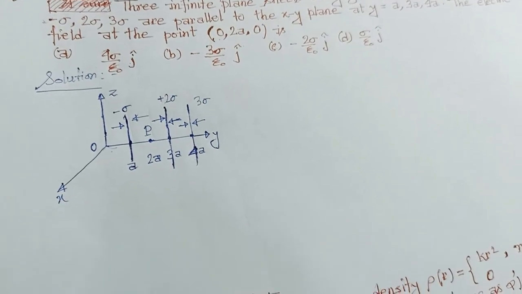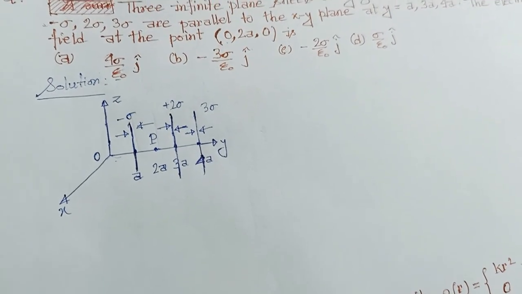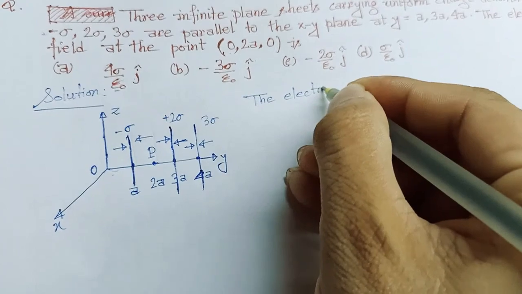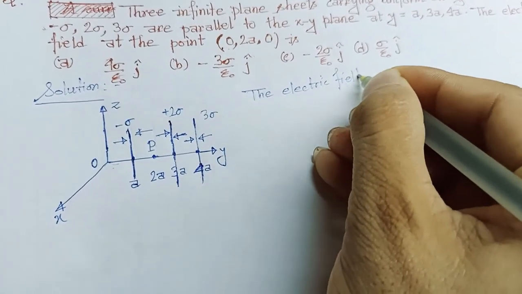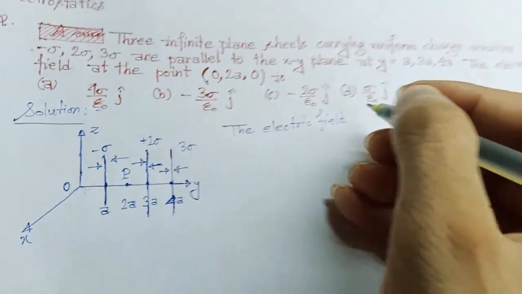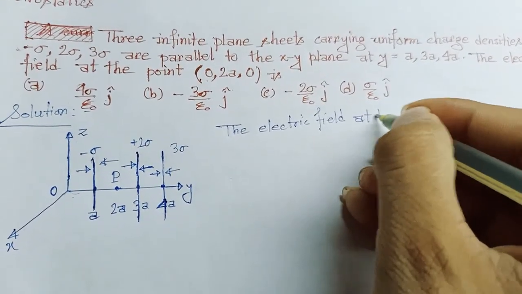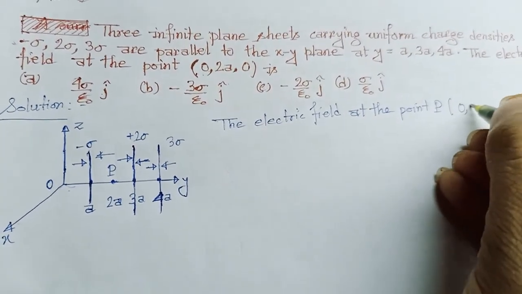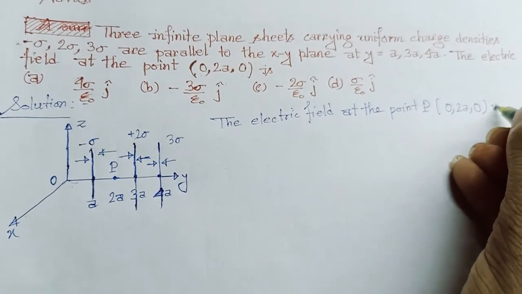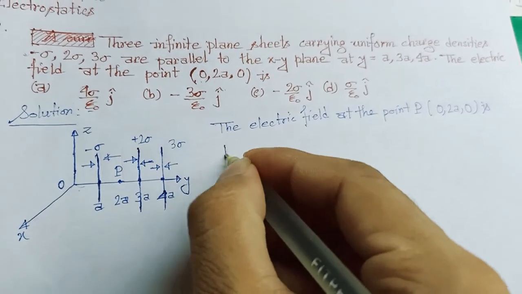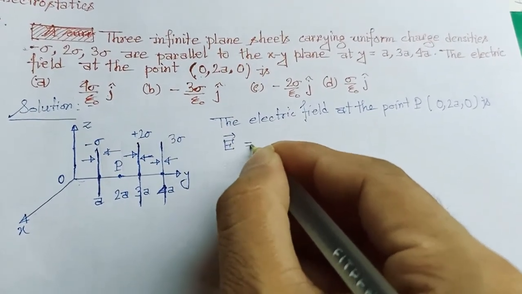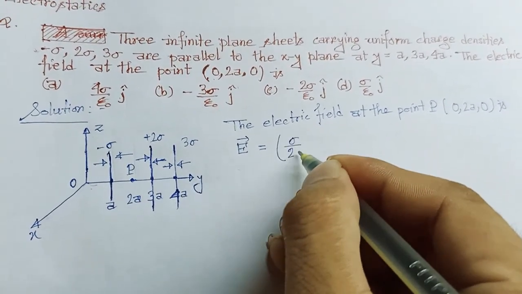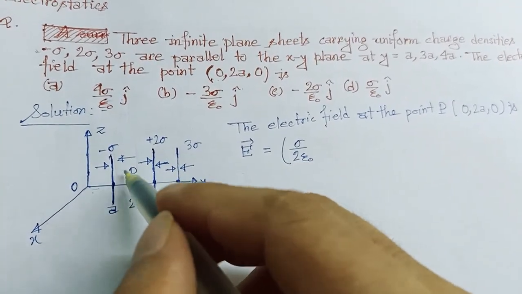So if we calculate the net electric field at the point P, whose coordinate is given as (0, 2a, 0), E will be the sum of all these electric fields. The electric field due to this plate will be equal to sigma divided by 2 epsilon naught, and its direction is negative.